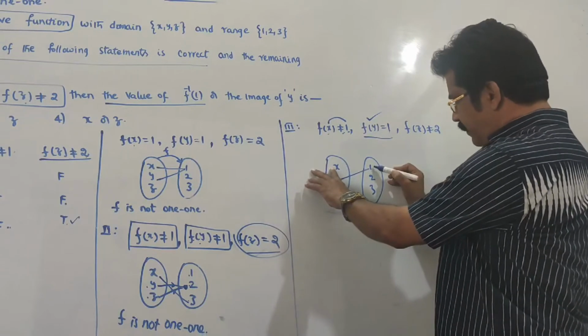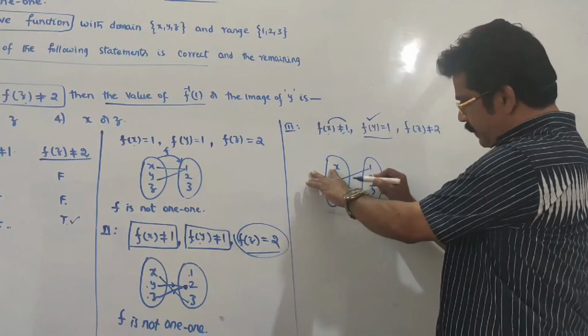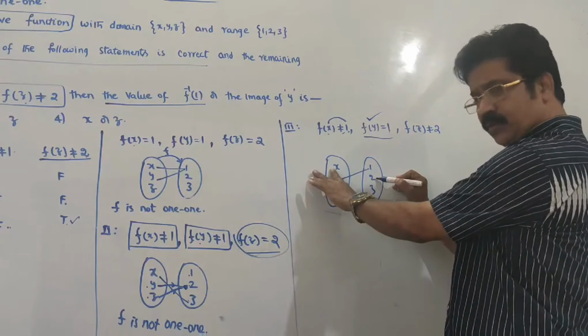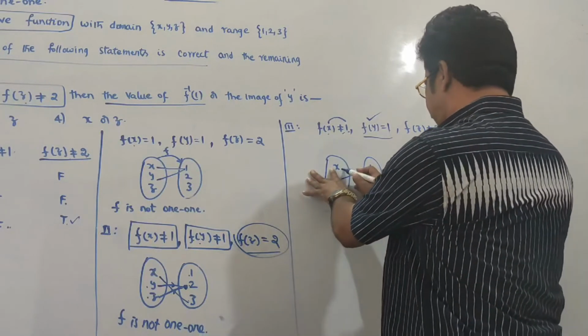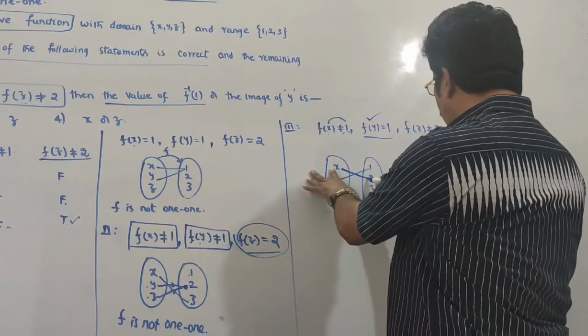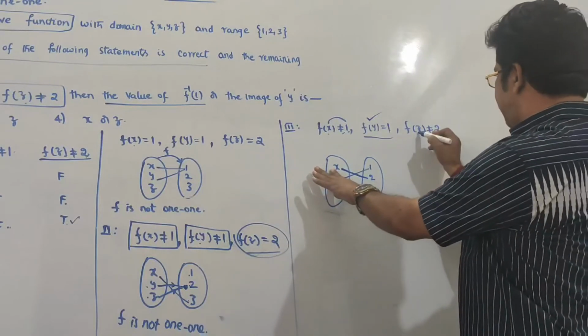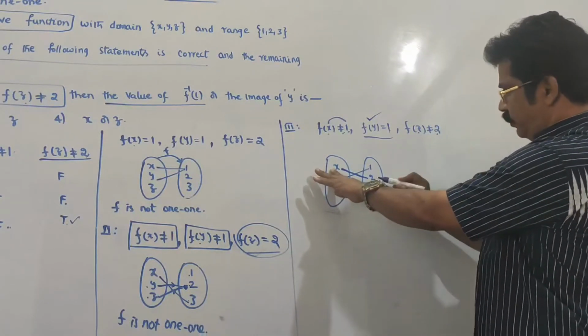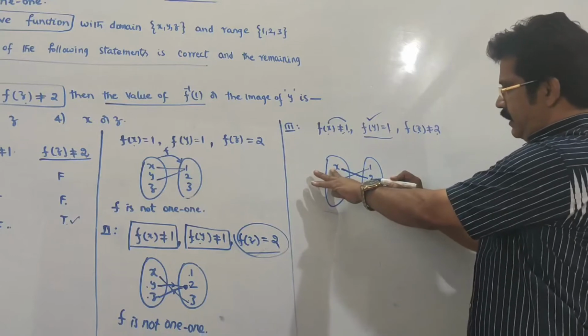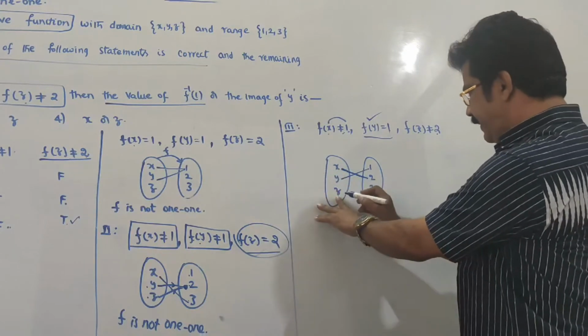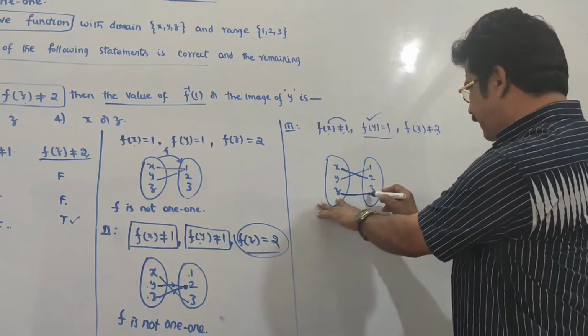X is not mapped with 1 means x may be mapped with either 2 or 3. For example, x is mapped with 2. Next, z is not mapped with 2, so it is a suitable case. Then definitely z is mapped with 3.